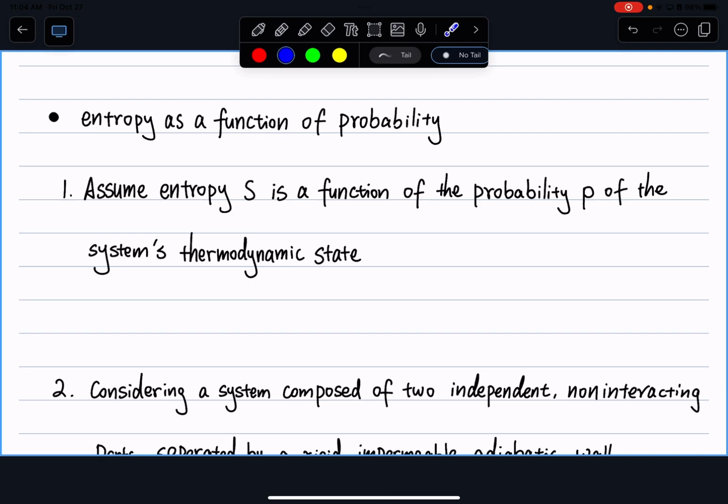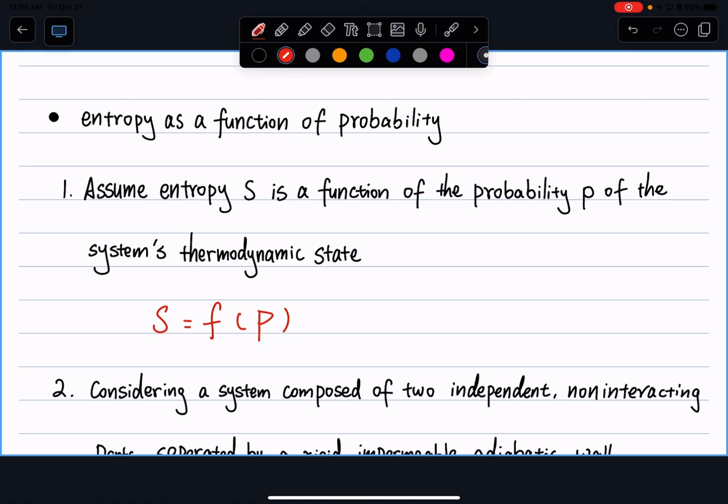So assume entropy, S, is some function f of p, where f is a function we do not know, and p is the probability of that system's thermodynamic state. Now we are trying to find out what that relationship between entropy and probability is.